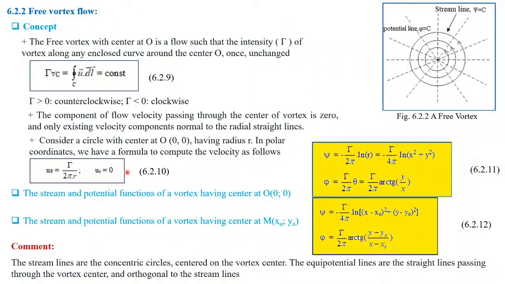So now we come to another kind, free vortex flow. Concept: the free vortex with a center at O is a flow such that the intensity gamma of the vortex along any enclosed curve around the center O is unchanged.